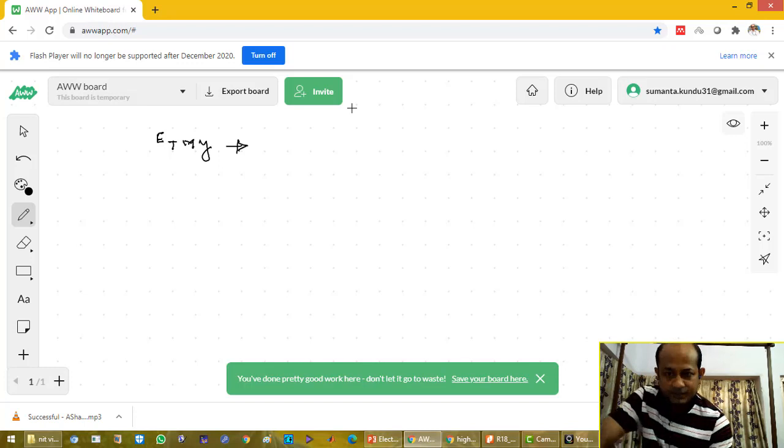So this is EMF in the main winding due to transformer action.